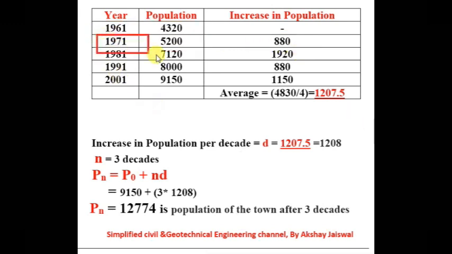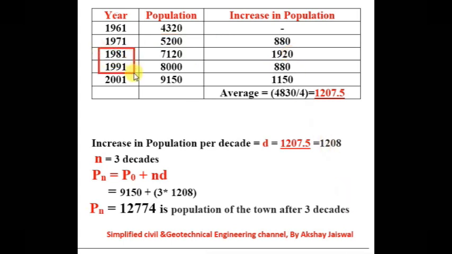Similarly, we need to find the increase in population between 1971 and 1981. Here the increase can be determined by taking the difference between these two values, that is 7120 minus 5200, which is 1920.